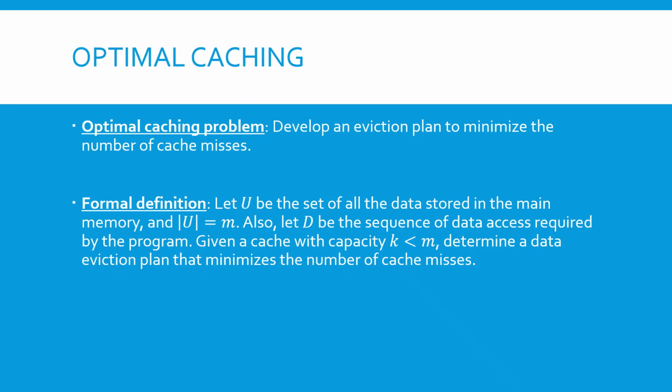For example, D equals U5, U2, U5 means that the program requests U5, then U2, and finally U5 again. Given a cache that can hold K items, where K is smaller than M, our goal is to choose an eviction plan that minimizes the number of cache misses over the sequence D.